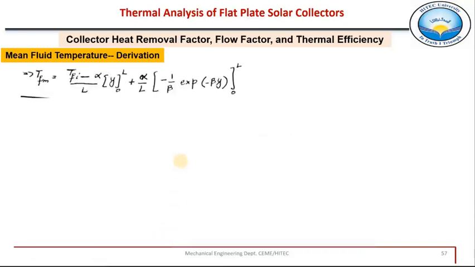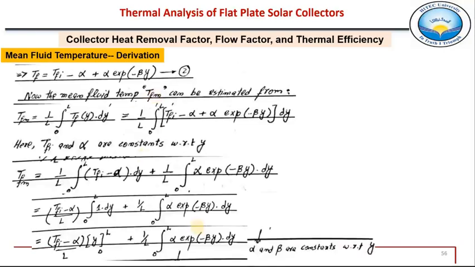So here is after integration. So after integration of this term, exponent of minus beta y, that will be exponent of minus beta y into minus 1 over beta, because that is the integration of this term, exponent of minus beta y.